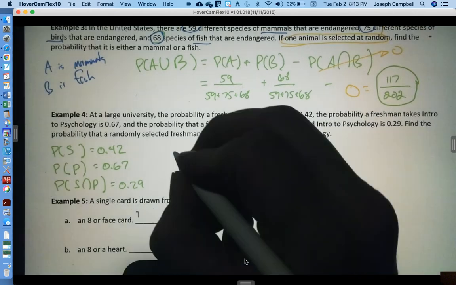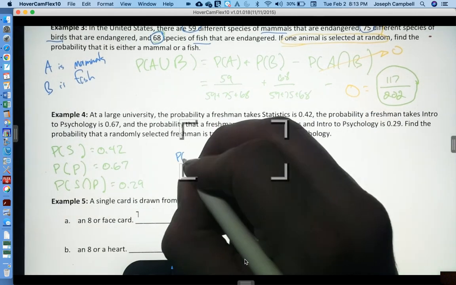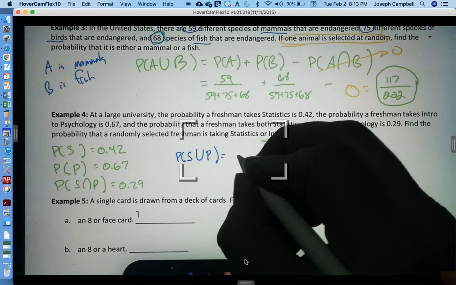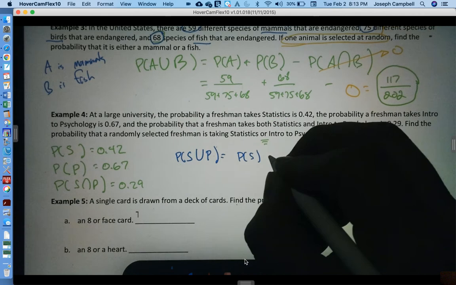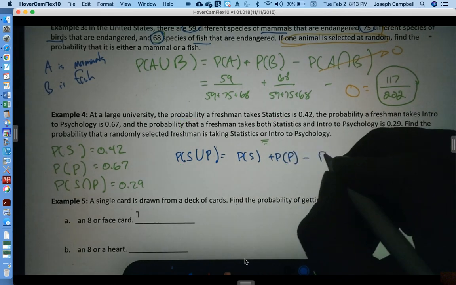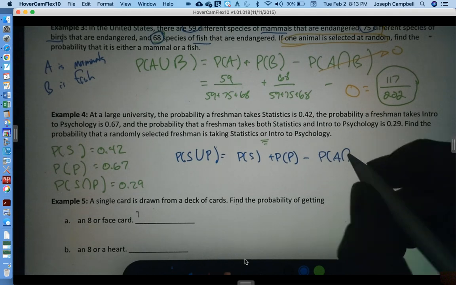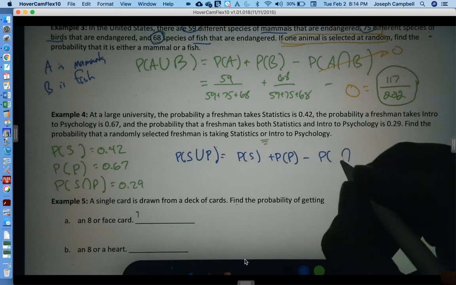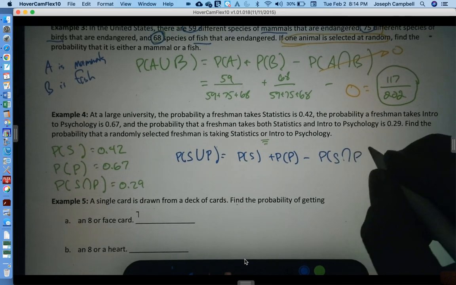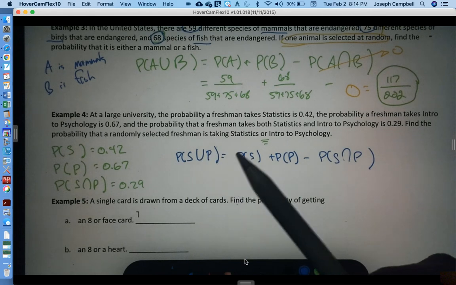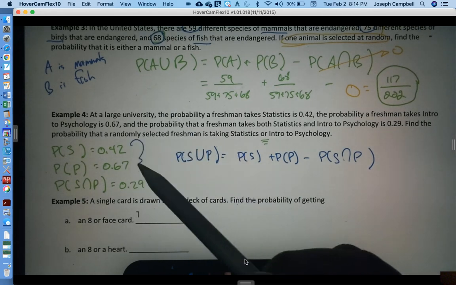Well, let's just go ahead and follow the formula. The probability of S or P is equal to the probability of S plus the probability of P minus the probability of S and P. So don't bog yourself down too much with trying to get these numbers wrapped around in your head.